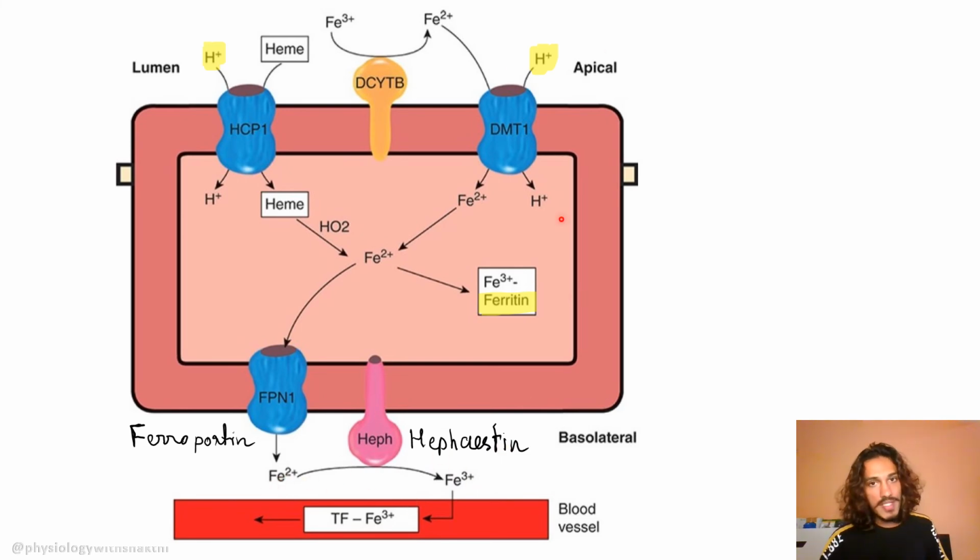So to go inside, it needs to be Fe2 plus; to be stored as ferritin, Fe3 plus; to go out again, Fe2 plus; and to bind transferrin for circulation, Fe3 plus again. I hope this is not too confusing. Don't worry, I'll put out a separate video for this.